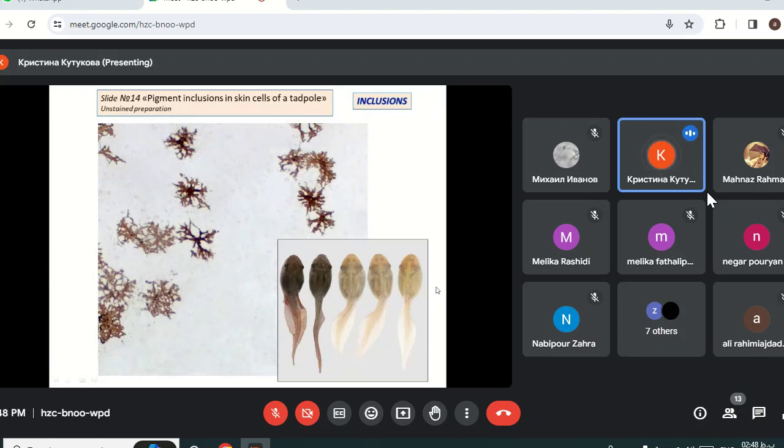If they live in a light pool with a lot of sunlight, then they will not be stained, also to be less visible for animals that can eat them. And this is regulated by the amount of melanin granules in the melanocytes and the amount of melanocytes themselves.